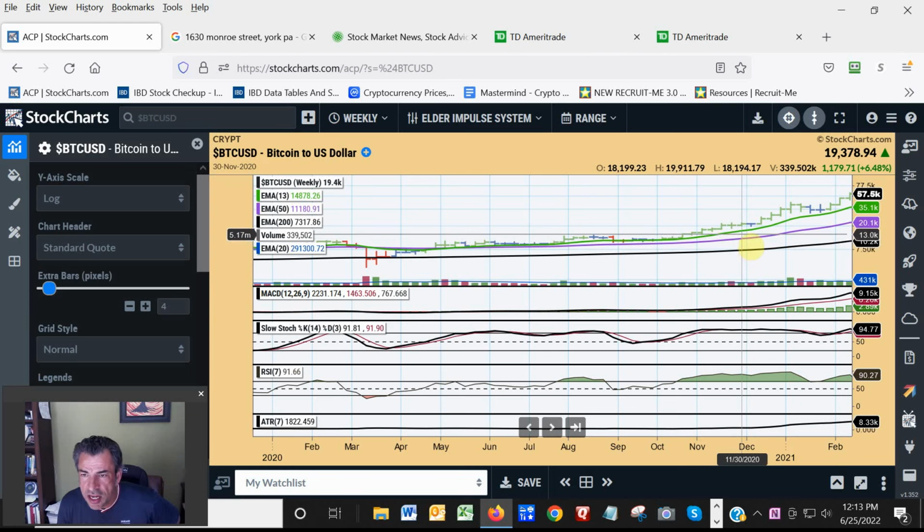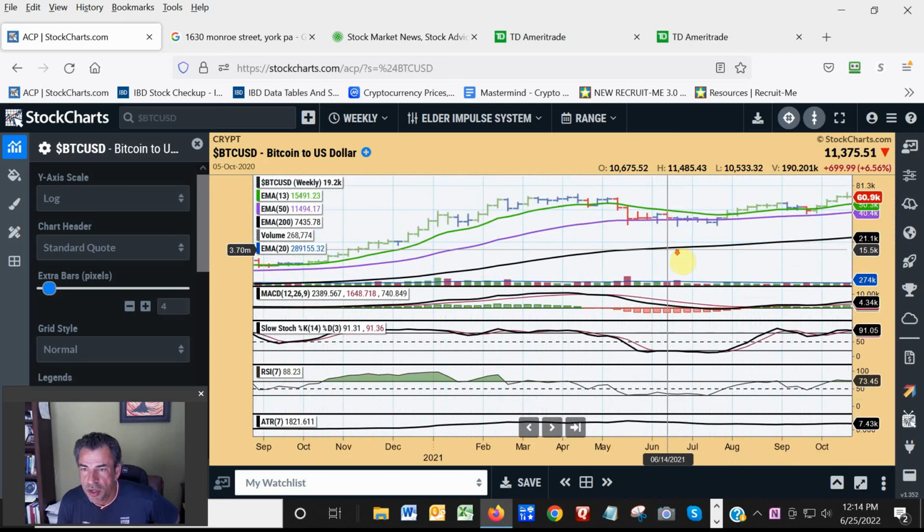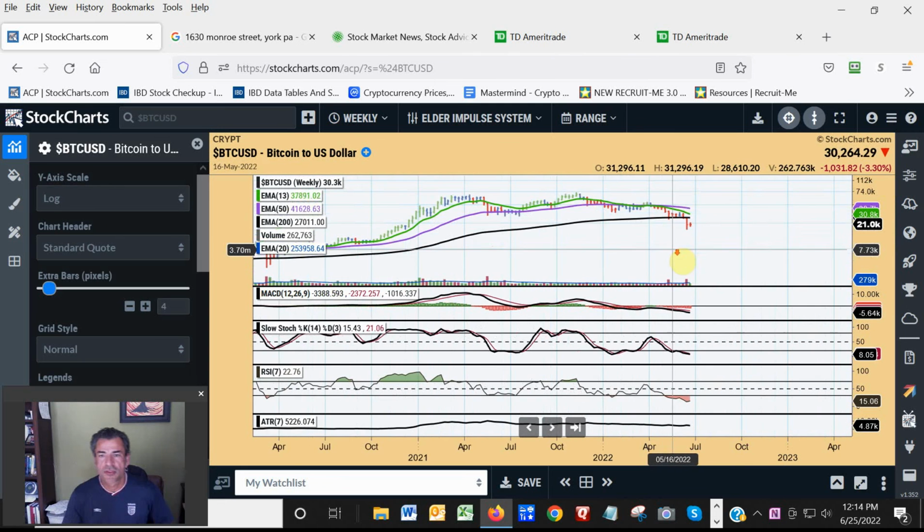And as you can tell, ideally what we would love to have seen is a big volume increase here, but there wasn't really that much huge volume. But on this down day, there was an increase in volume. But as you can see, once it went past that 19.9 figure, that's when Bitcoin just kind of took off.